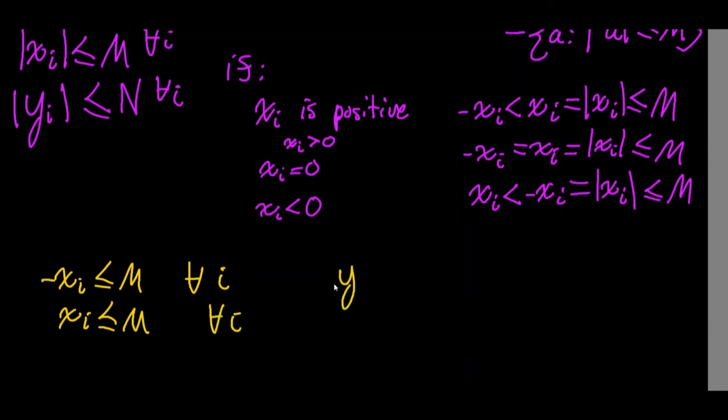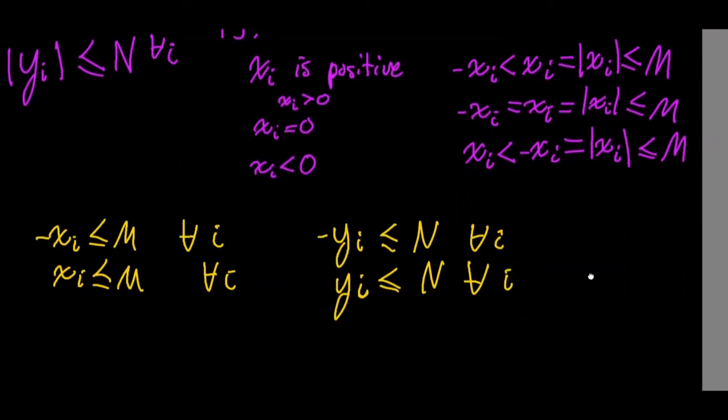So negative yi is less than or equal to N for all i, and by the same argument used above, positive 1 times yi is less than or equal to N for all i.